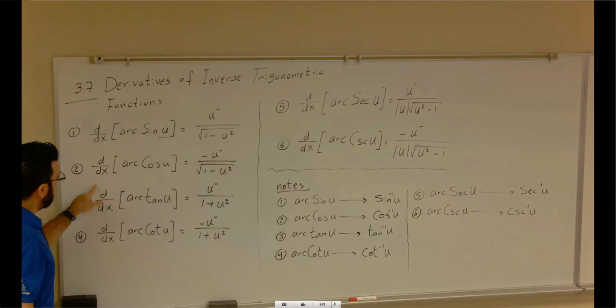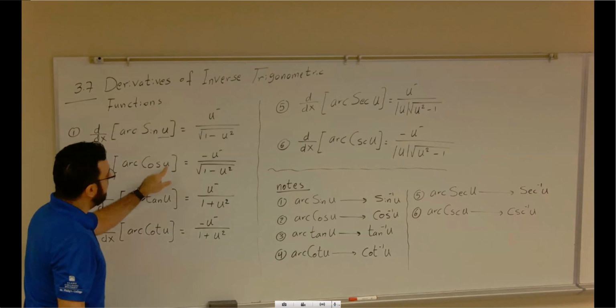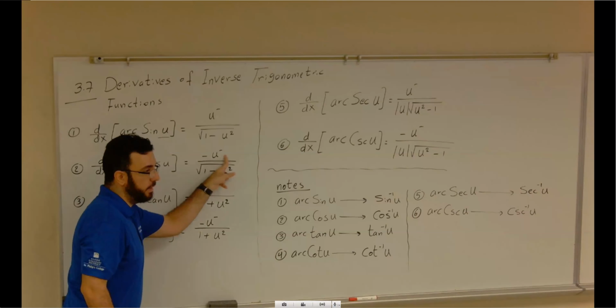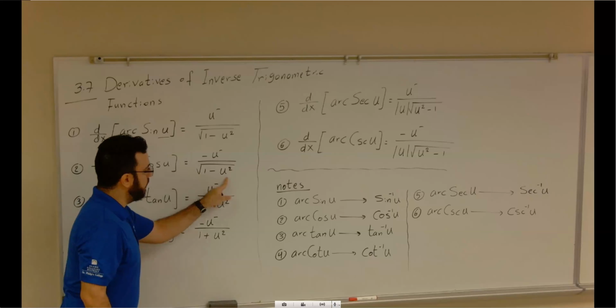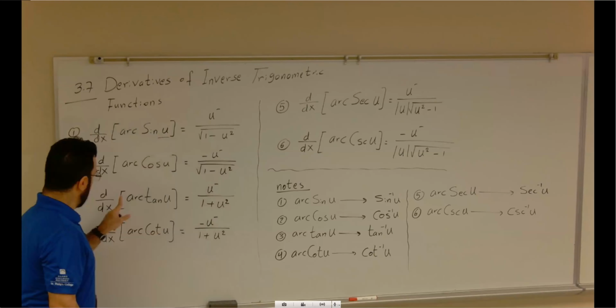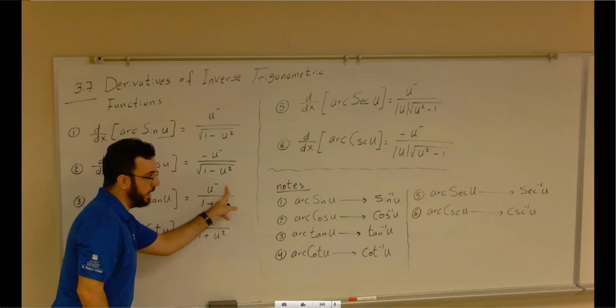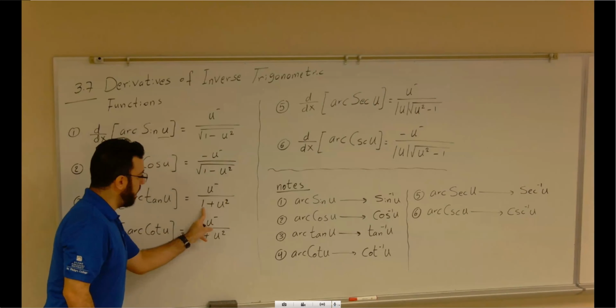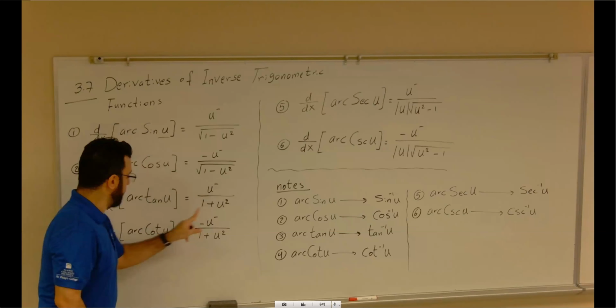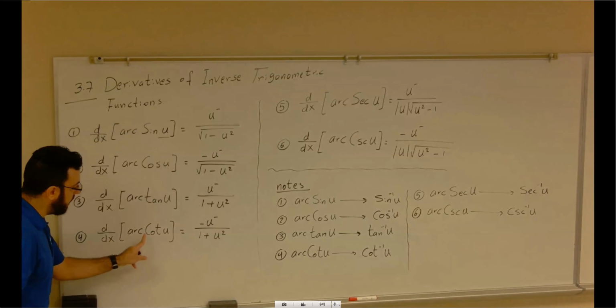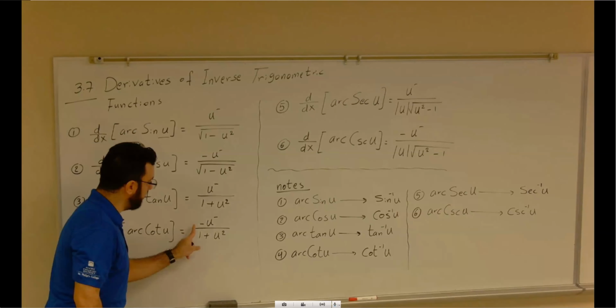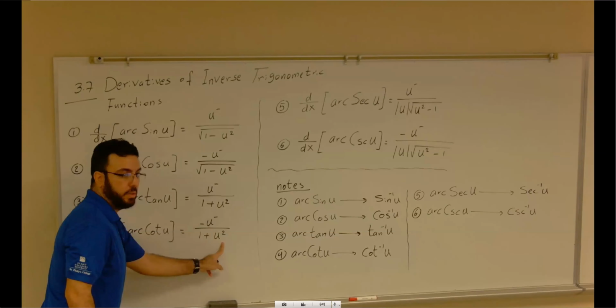The same thing for arc cosine u: negative derivative of the angle over the square root of 1 minus u squared. For arc tangent u, it's the derivative of the angle over 1 plus u squared. The derivative of arc cotangent u is going to be negative u prime over 1 plus u squared.